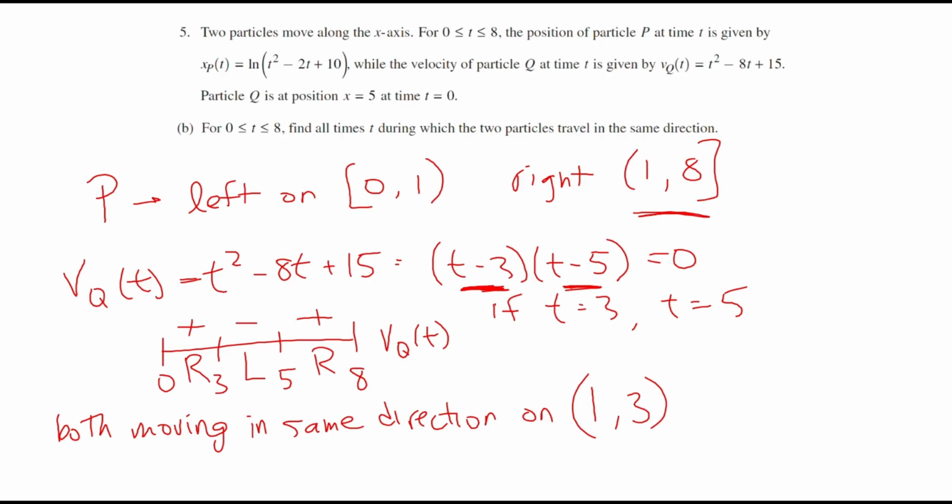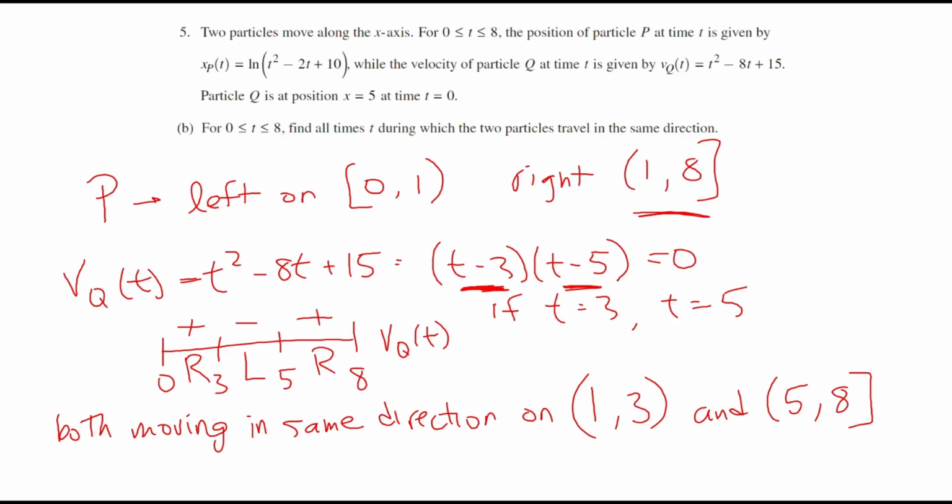And Q is moving to the right again from 5 to 8. So we'll say 5 with an open interval because Q was not moving left or right at 5. Its velocity was 0. And then at 8, we can put a bracket there because they both have a bracket there. And they're both moving to the right at t equals 8.